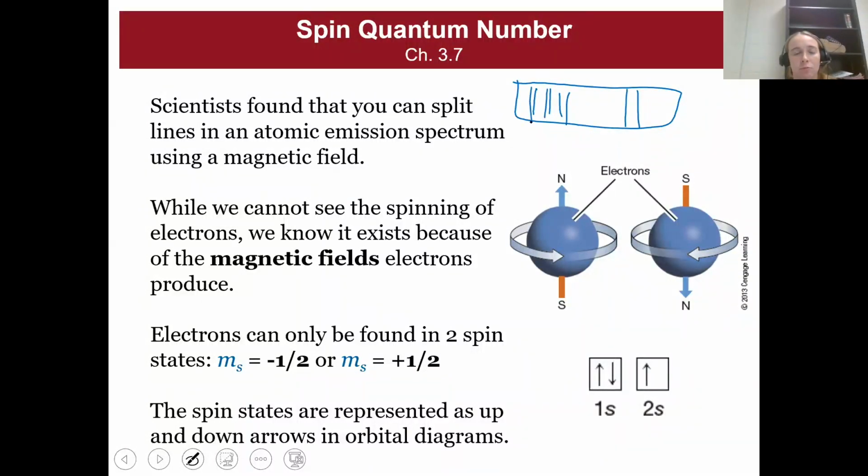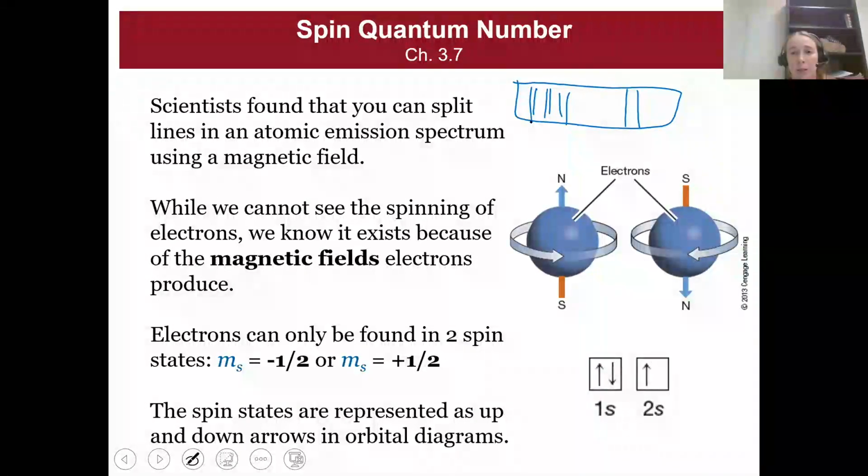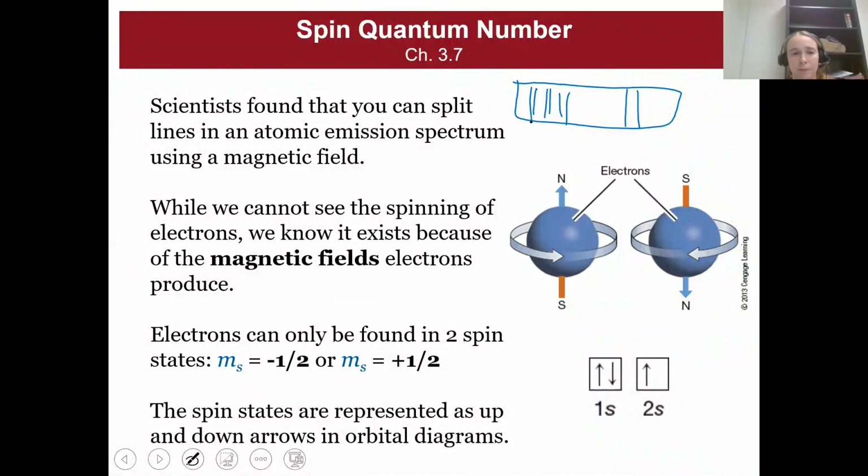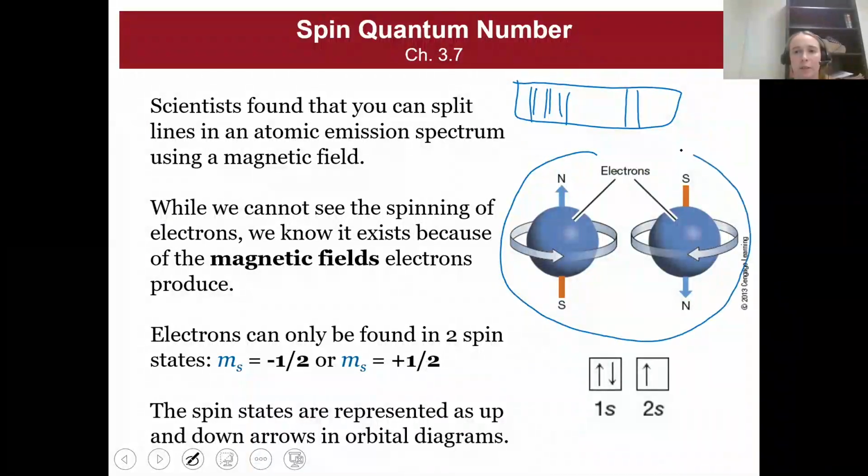And that told us that there must be something magnetic about electrons. We can't see the spinning of electrons, but we know it exists because the electrons themselves have these magnetic fields.